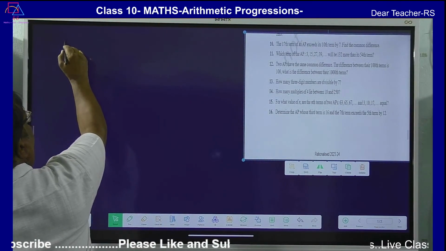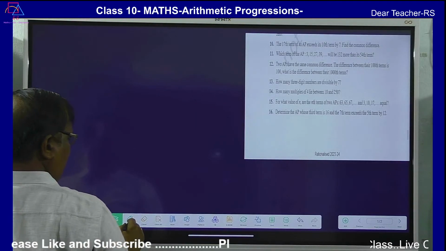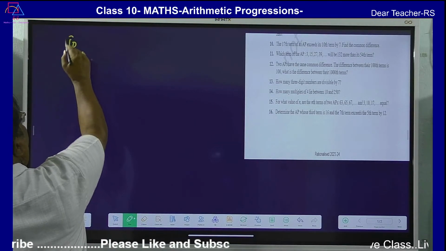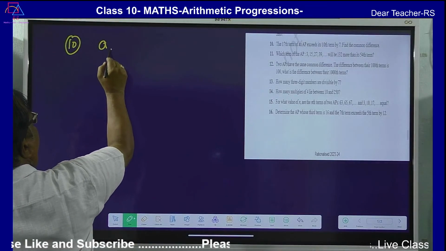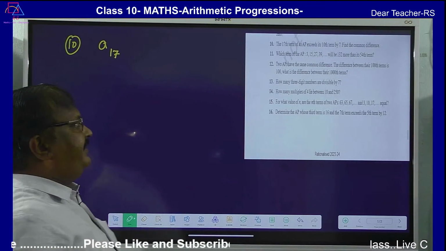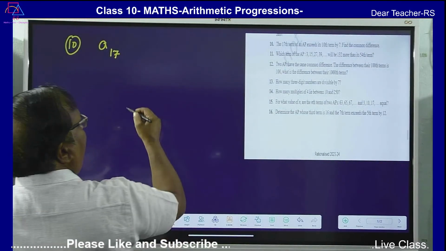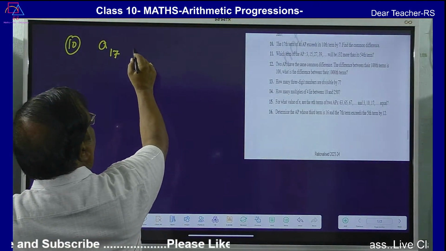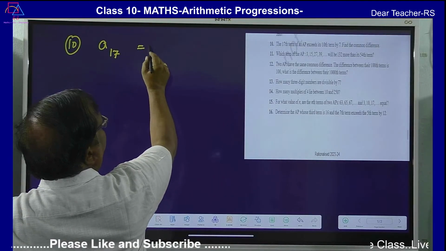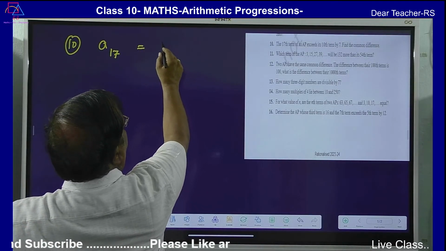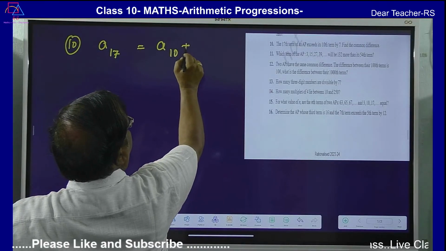So 10th question. The 17th term, I'll write in short. The 17th term exceeds, that is, it is more, by 7. A10 plus 7.